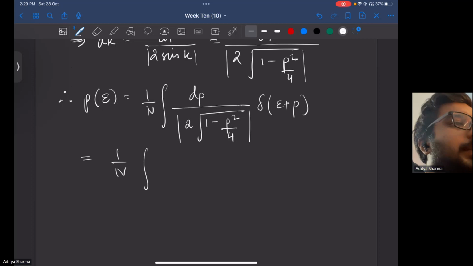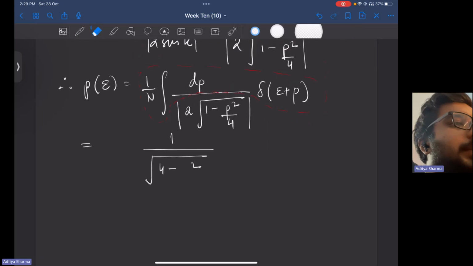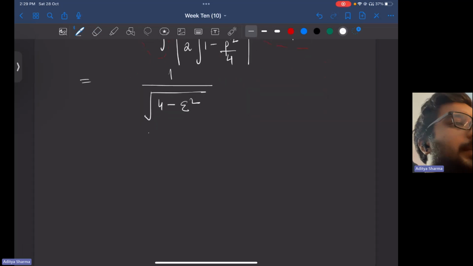When I put p there, 1 by N goes with the Dirac delta. This is my normalization. So I'll have this go inside by root of 4 minus E square. This is what my density of states is.